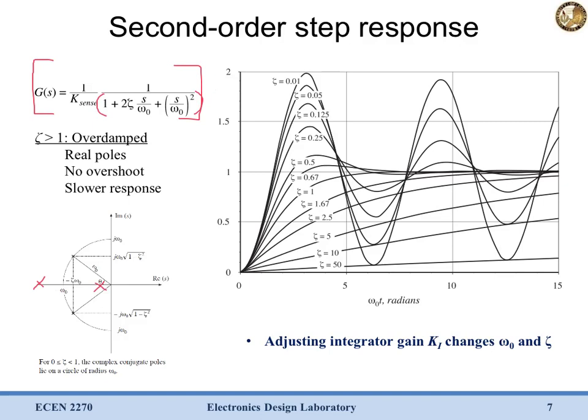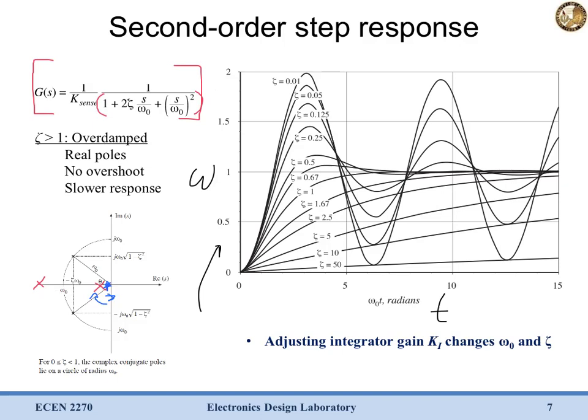Now if zeta is very large, then this first pole here is going to move all the way towards this imaginary axis. It's going to get really close. And you can see what that means in terms of the step response with this plot. Now what this plot looks at is what omega, the output, looks like versus time given a step response in our reference voltage.